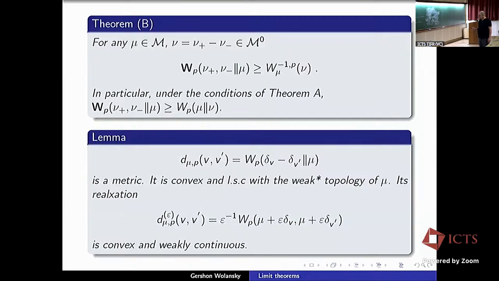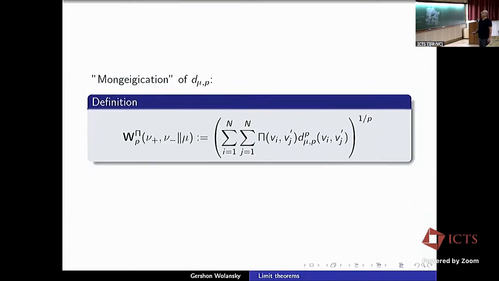And then I claim that if I take this functional and minimize it with respect to mu, this is now fixed, minimize this with respect to mu, this is a convex problem, and in general the minimum will be supported on a finite graph.